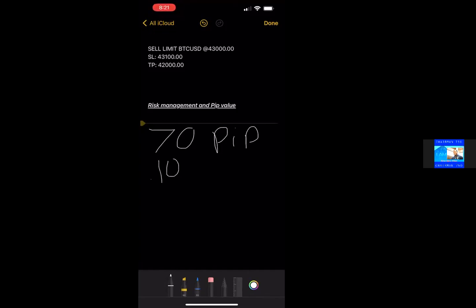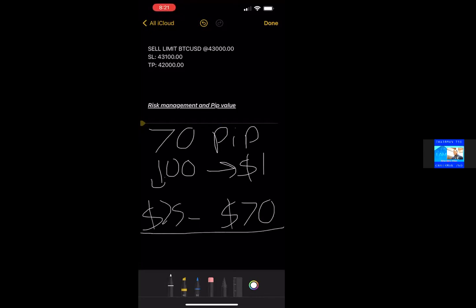So we're going to risk a 0.10, right? And we already know that when we move the decimal point over and add a 0, that's $1 per pip. That would be $70 that you would make while risking $25. So you'd be looking to make $70 and risking $25, or anywhere in between.